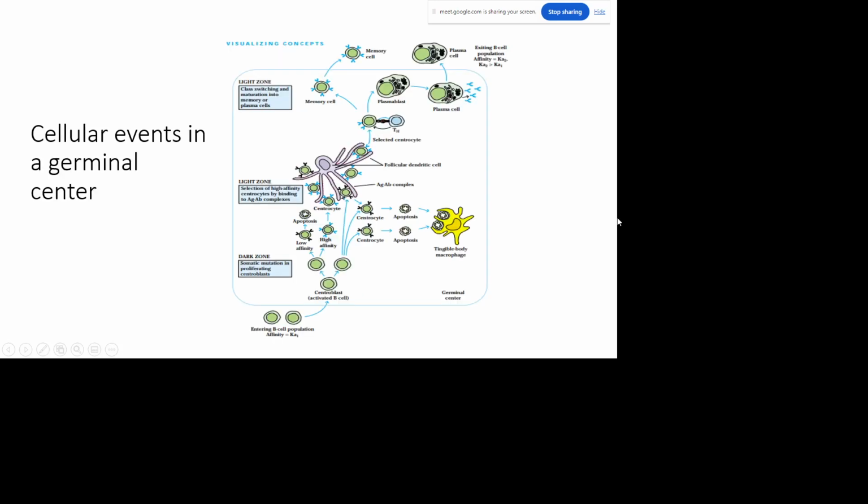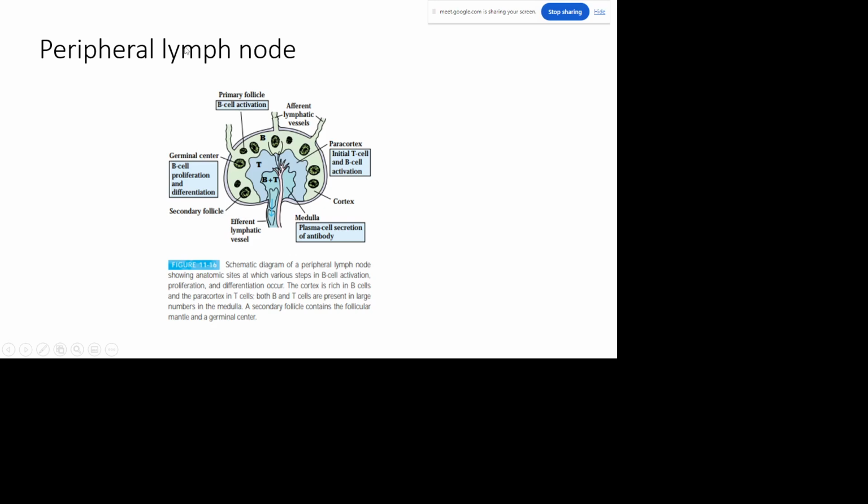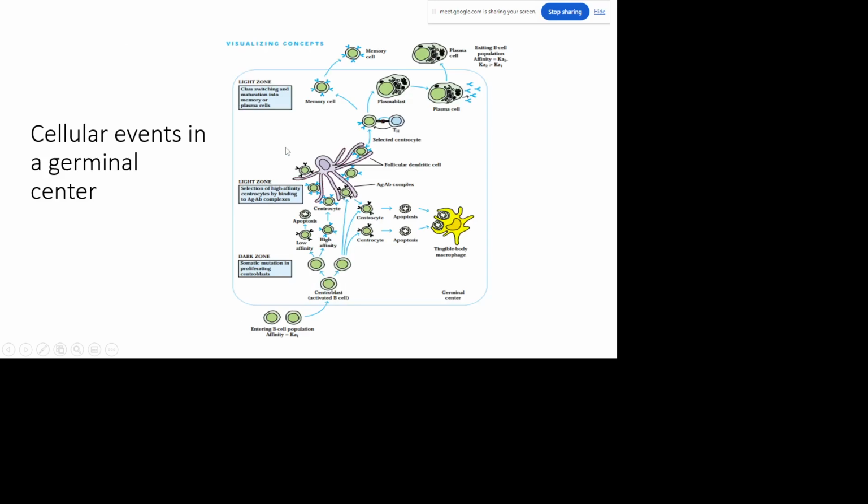Now we will briefly see the cellular events in the germinal center, where the activated B cell comes and proliferates and differentiates. So now we will see how it happens in a germinal center. First, this B cell population will come.